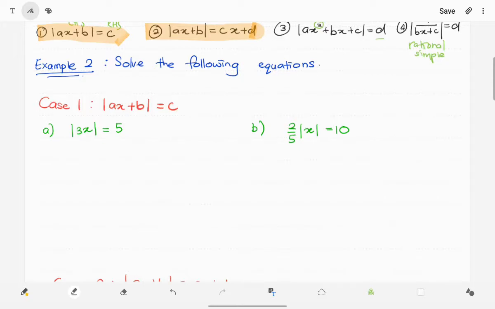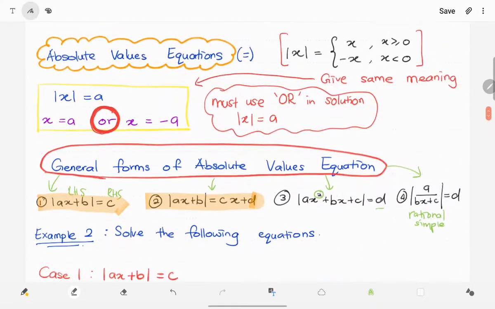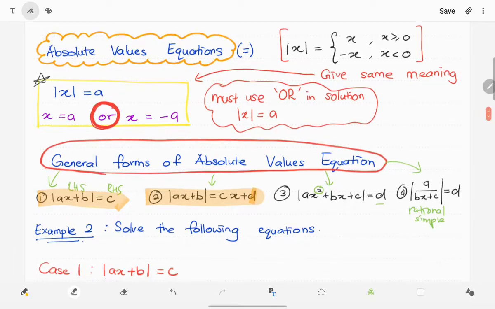For example, you are given modulus 3x equals 5. So how to solve it? First things first, you need to separate into 2, following the definition here: x equals a or x equals negative a.